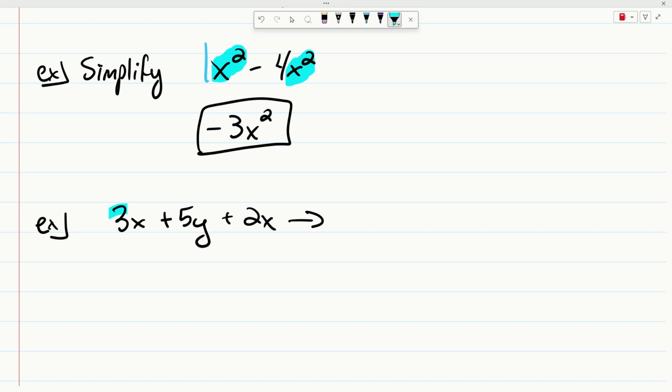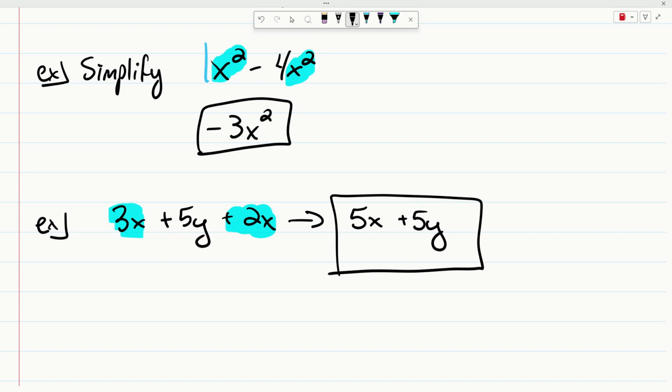So I have 3x. I have plus 2x. So I know those are the same terms. So I'm going to combine them. 3 plus 2 is 5. And there's nothing I can do with that 5y because it's a different variable. So it's just 5x plus 5y. And that's it. All right.